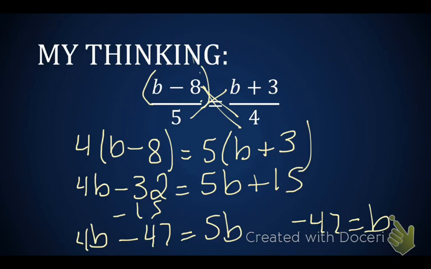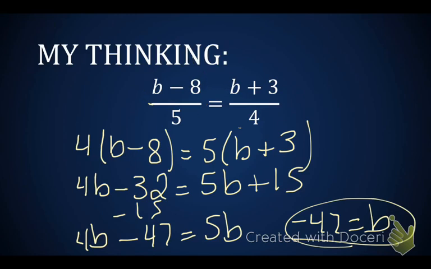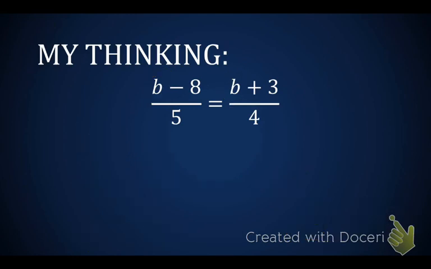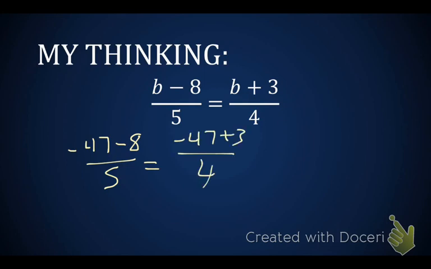Again, we can always check our answers, and this is going to be a little easier to check this time. If this is a proportion, the fractions have to equal each other, and their cross products have to equal each other. If I put in negative 47 for b on both of these, I get negative 47 minus 8 over 5 equals negative 47 plus 3 over 4.